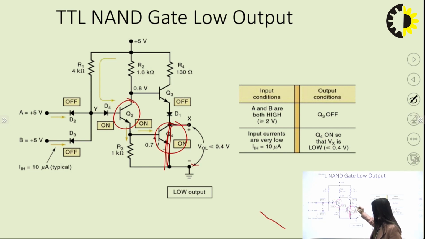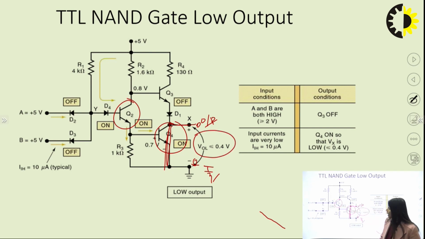See, this is the output node. If it is open, then this is the one ground and this is one output. So this output will become high for Q2 and Q4 both to be off. So for 1 1, what I am getting, this should be 0.